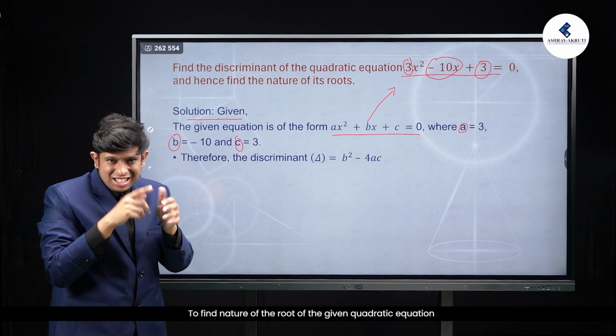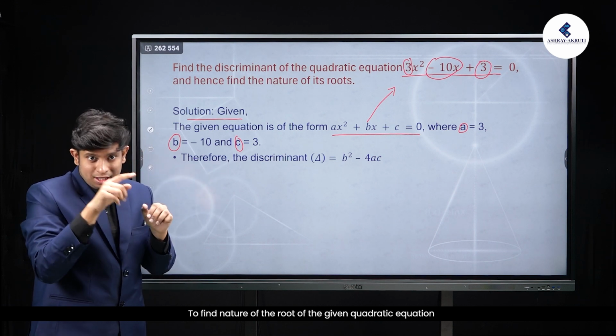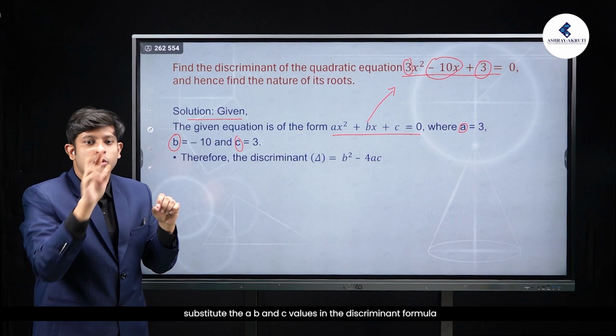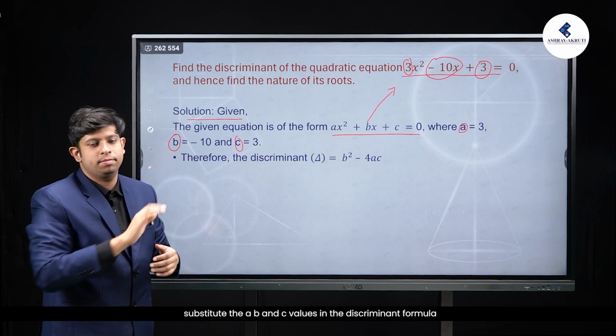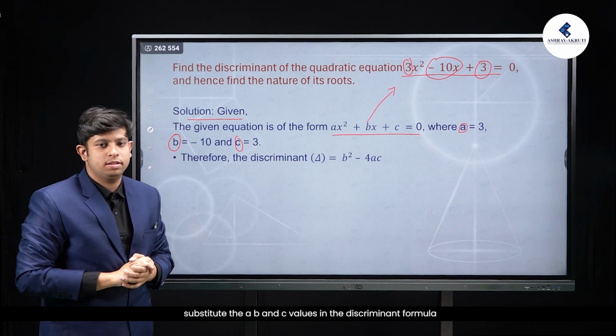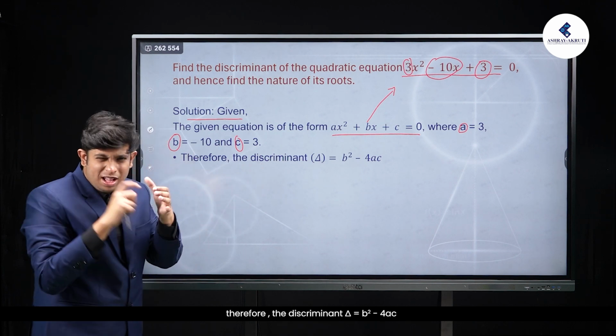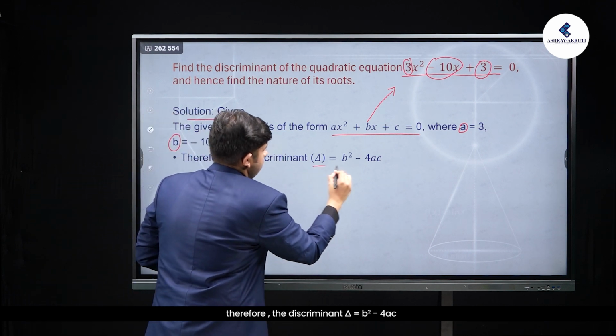To find the nature of the roots of the given quadratic equation, substitute the a, b and c values in the discriminant formula. Therefore, the discriminant delta is equal to b square minus 4ac.